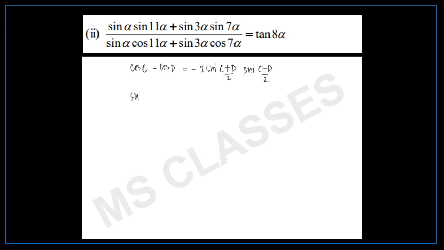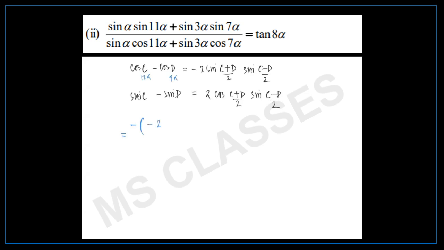Sin C minus sin D is 2 cos((C plus D) by 2) into sin((C minus D) by 2). Now we apply these formulas. We had a minus outside. Now C is 12 alpha, D is 4 alpha.